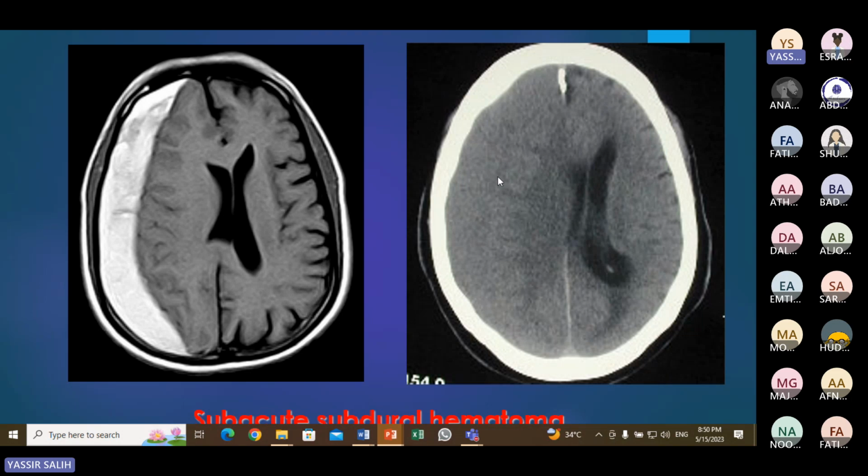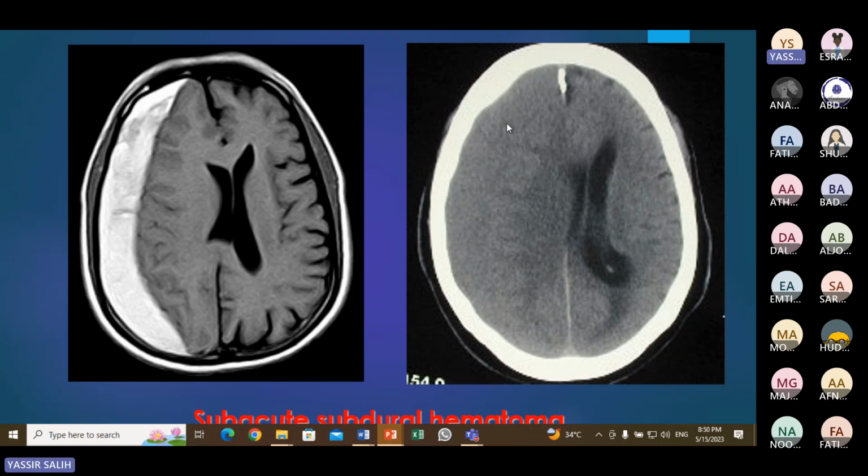It is as if there is a mass causing pressure, causing mass effect. But there is a lesion here that is still not apparent, not visualized, because it has a density similar to normal. This is an isodense lesion. So what is the type of this hemorrhage or hematoma?